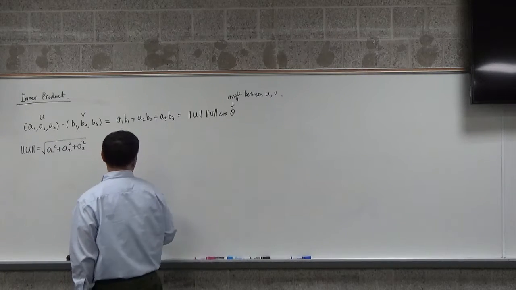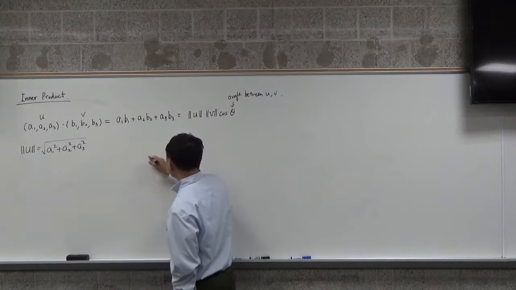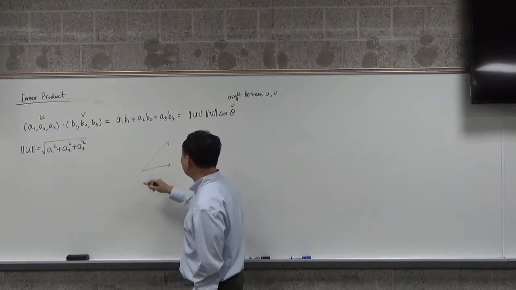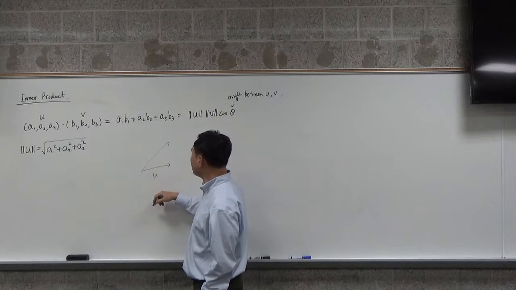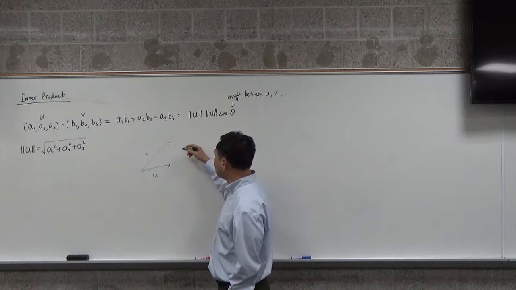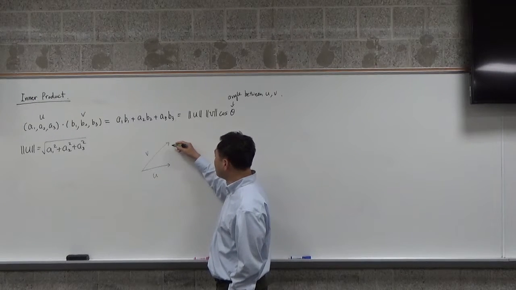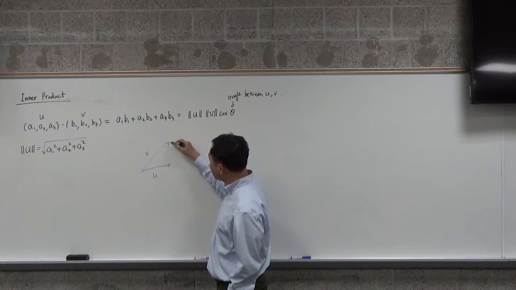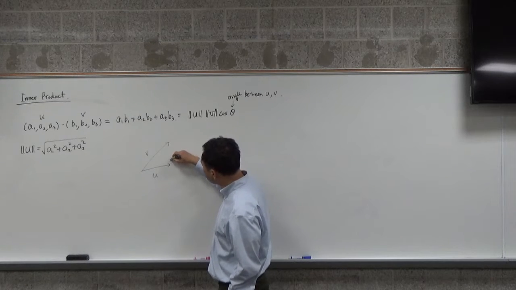And then we can draw a triangle. If you have the u vector here and the v vector here, then if you do v minus u, you get this vector, v minus u.